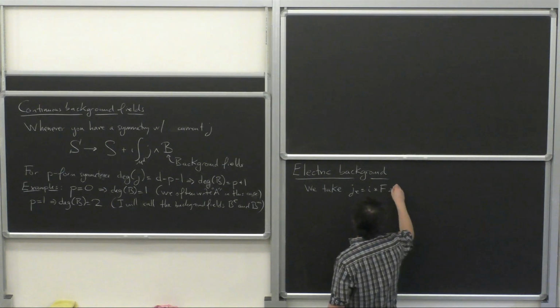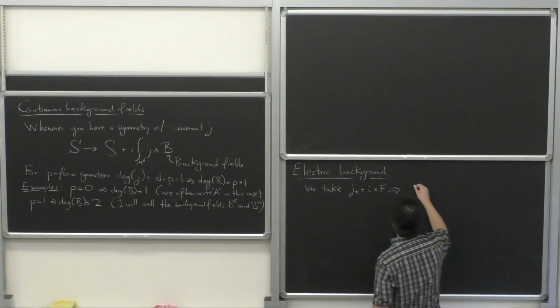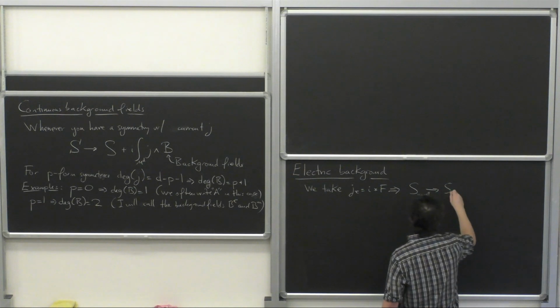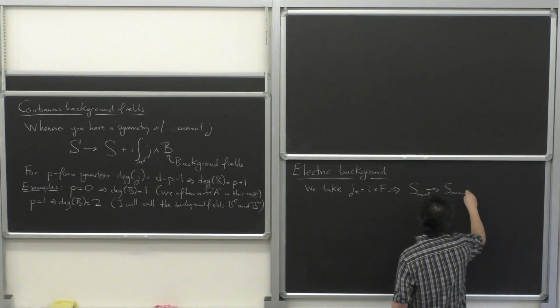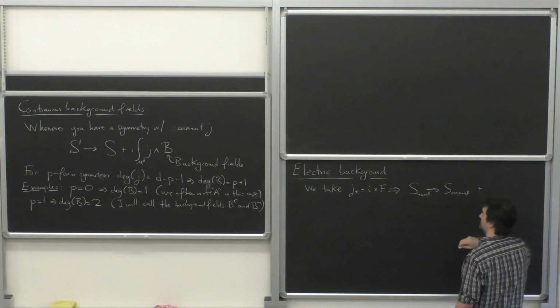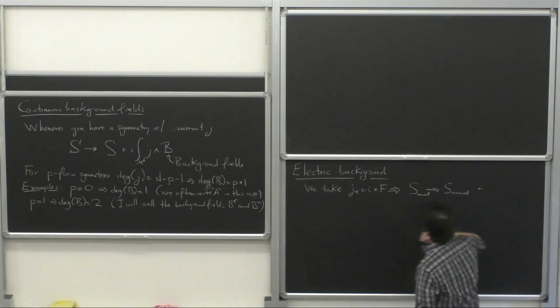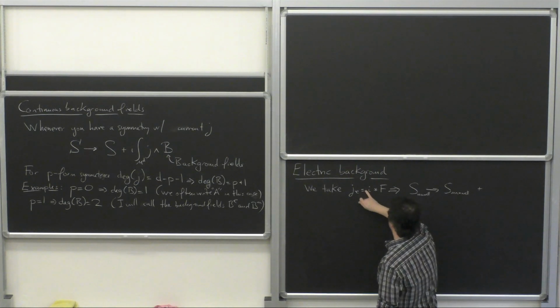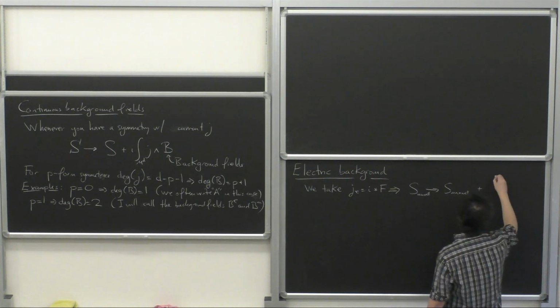So this implies that if we turn on the background for the electric symmetry, we are sending the Maxwell Lagrangian, our action, to the Maxwell action plus, okay, I put a minus to make the formula prettier. No, actually plus is nice. Doesn't matter.